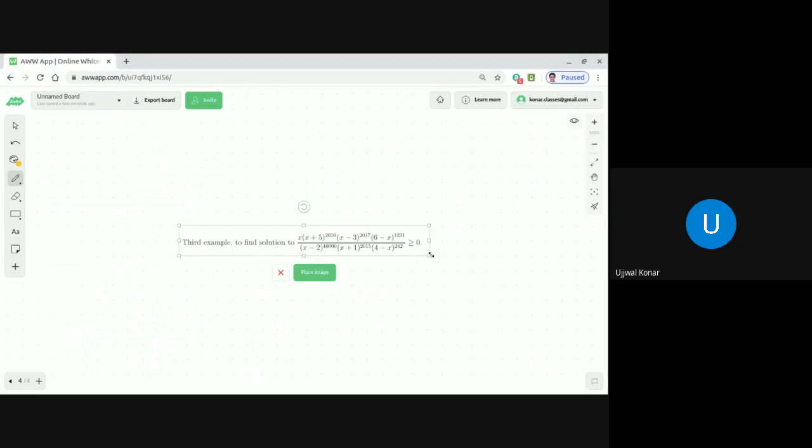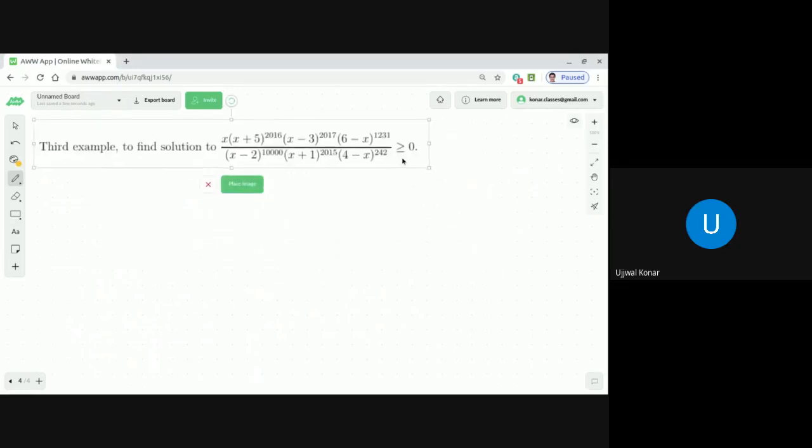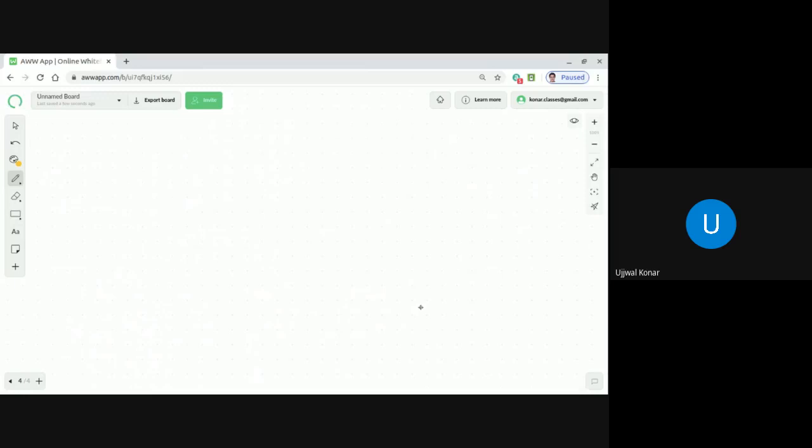Look into this, dear students. Suppose we need to find the solution to this inequation. So first and foremost, if you recall the theory I said in the beginning, we need to make everything x minus something. You see here, dear students, there is a term called 6 minus x.